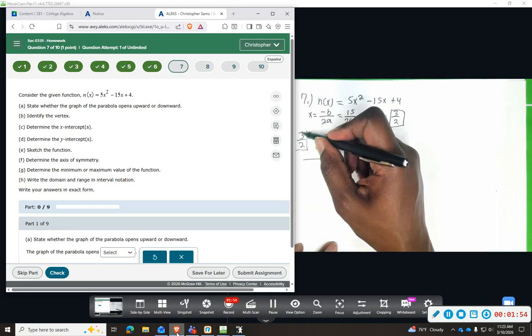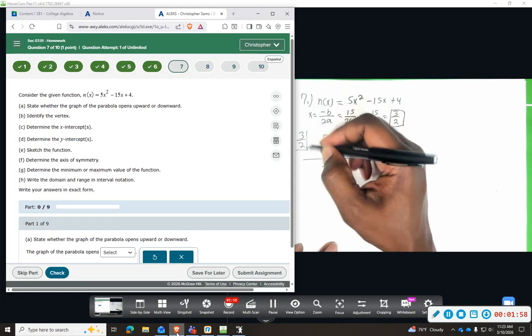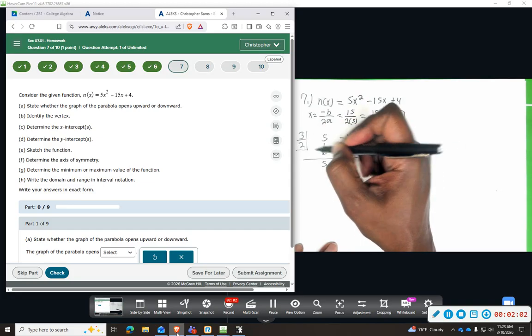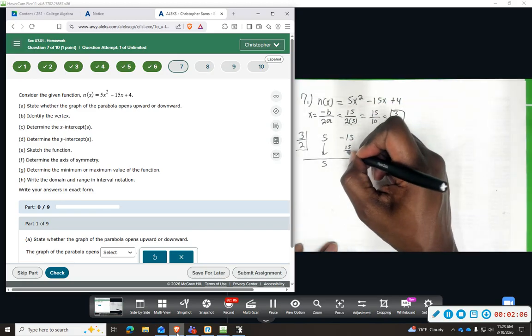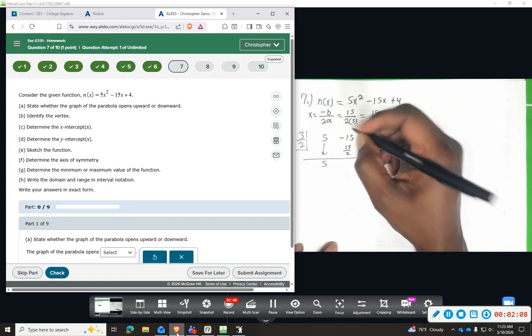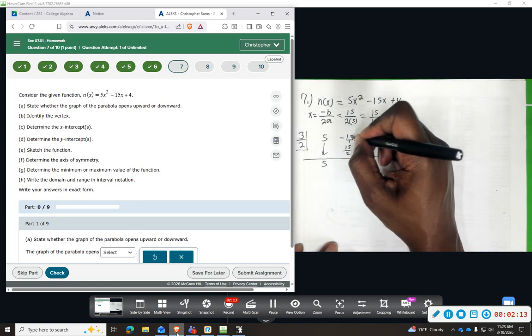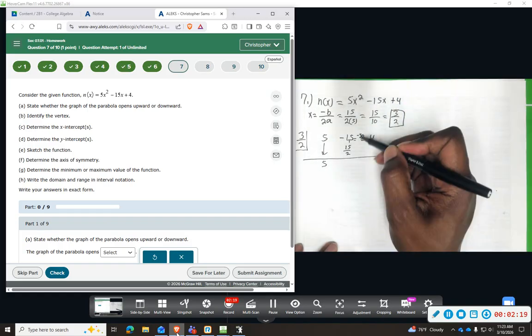All right, so what happens when you're doing a fraction? You're going to multiply by the top number, divide by the bottom. So this will be 3 times 5 is 15. 15 divided by 2. So I have a 15 over 2 here. So 15 over 1. To get a common denominator, I will have to multiply top and bottom by 2. So this is the same as a negative 30 over 2.